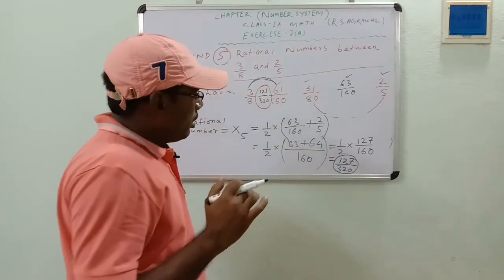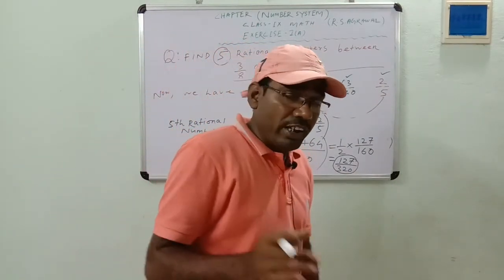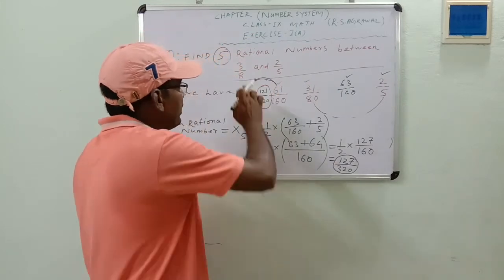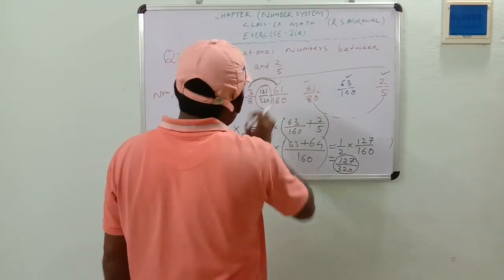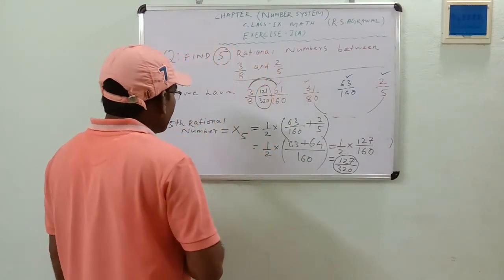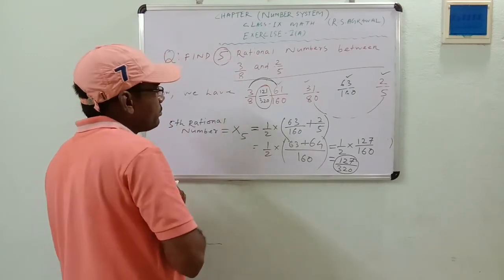So students, already we have found 5 rational numbers between these two given rational numbers. So finally we have to write, first note it.